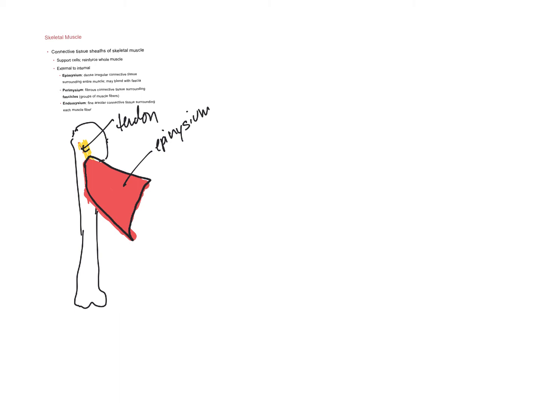So the epimysium is a connective tissue layering that covers the entire muscle itself along the outside. Something like that. That pink part is the inside of the muscle. That make sense?